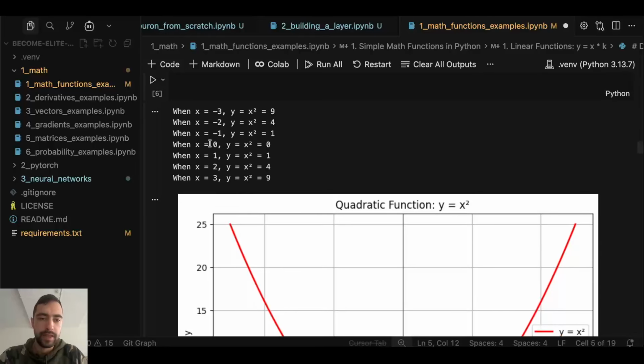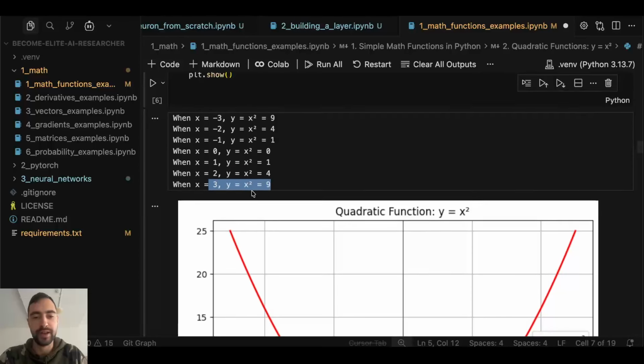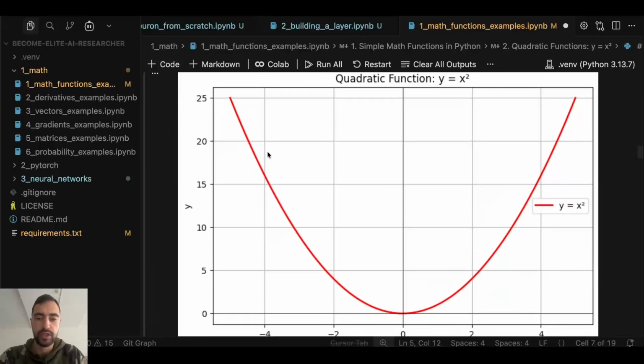Here, 0 squared is 0, 1 squared is 1, 2 squared 4, 3 squared 9, 4 squared 16, so y starts to grow very fast. You can play around with this code and modify it to see what the drawing will look like.